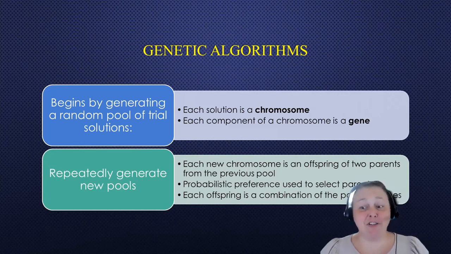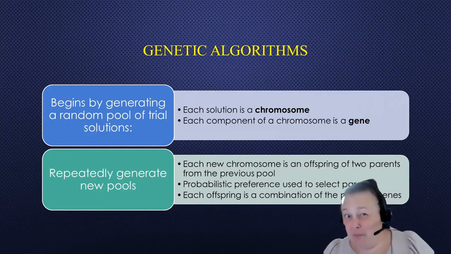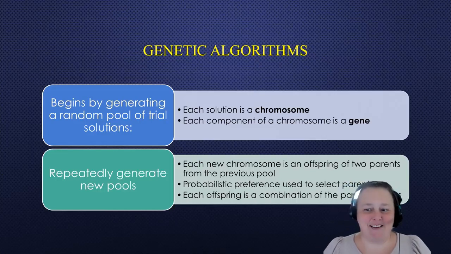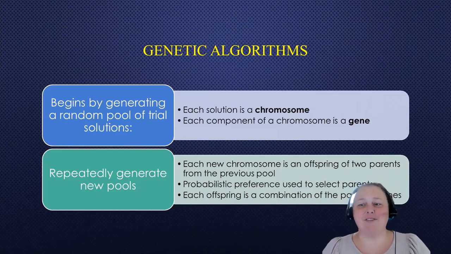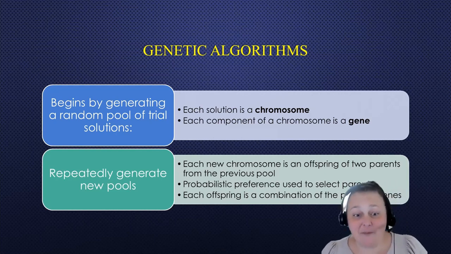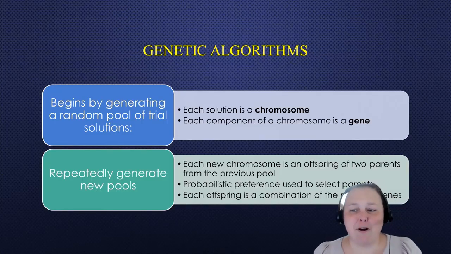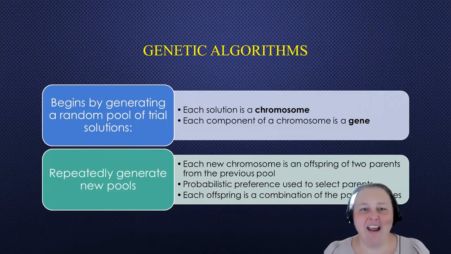Since each initial chromosome is a random guess, it's probably more unlikely than likely that it will represent the solution to the problem. So the genetic algorithm needs to generate new pools of data where each chromosome is an offspring of 2 parents, so you're combining the random pools in different ways.